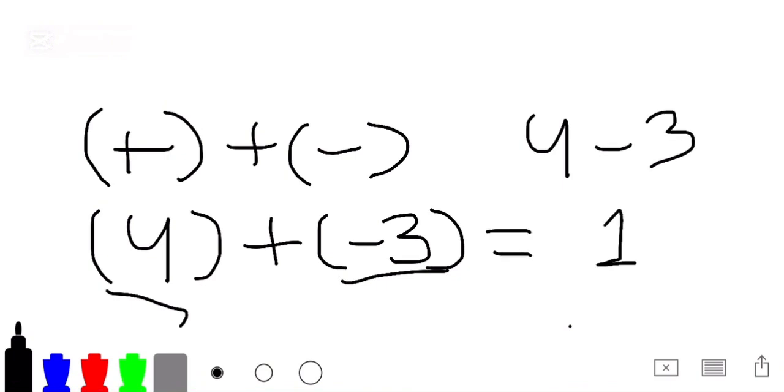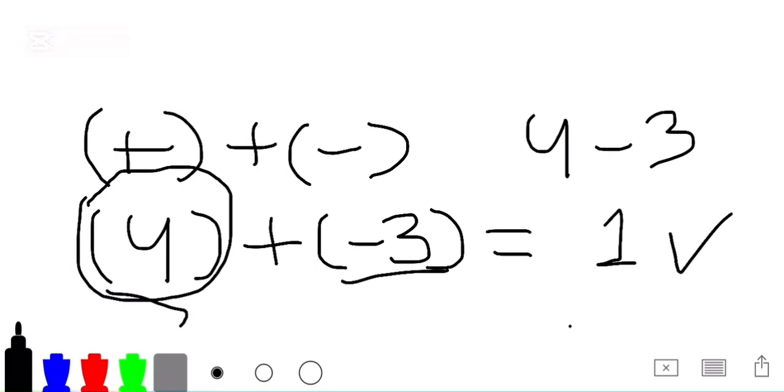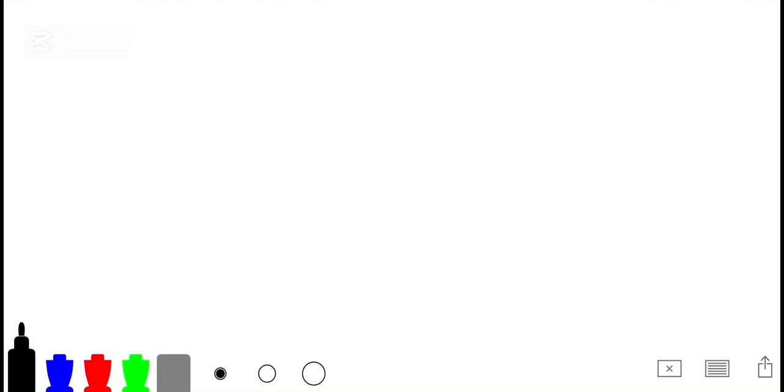The last thing we want to do is look at the symbol of the biggest number. The biggest number here is 4, and 4 is positive because there's no negative symbol in front of it. So what we have is 4 plus -3 equals +1. That's correct.